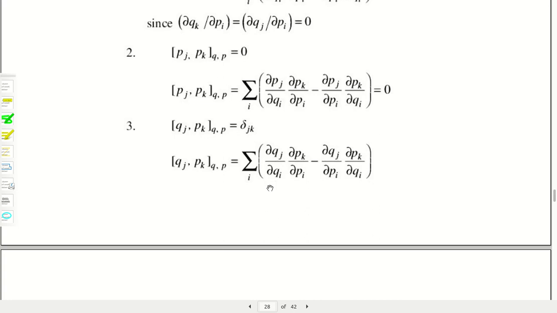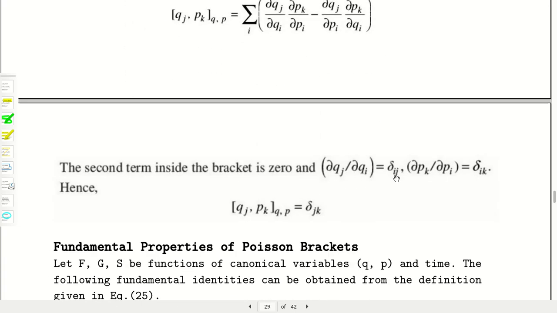So the first term is a Kronecker delta, and the second term is a different Kronecker delta. The first Kronecker delta is delta ji, and the second Kronecker delta is delta ki. So it is written here: the product of two Kronecker deltas, delta ji into delta ki. The same index will cancel. It is the formula of the Kronecker delta, and it can be realized in practice also.